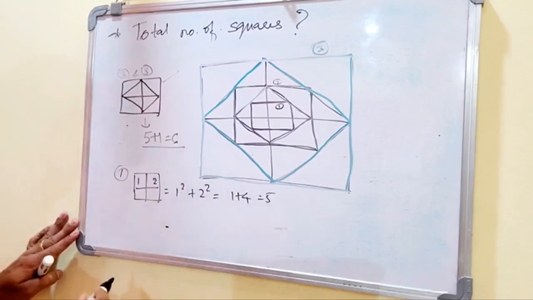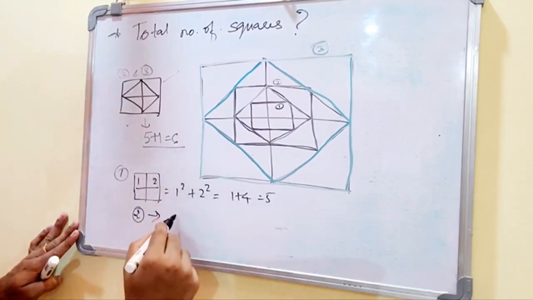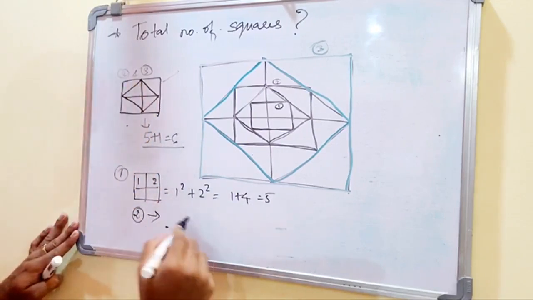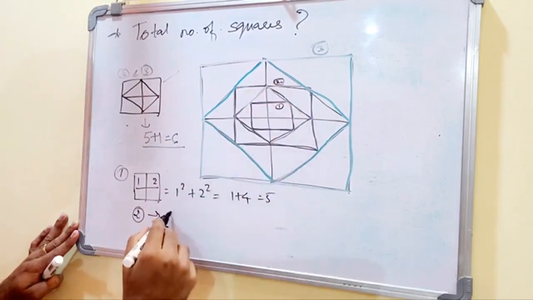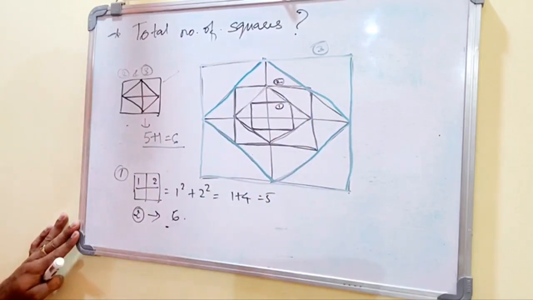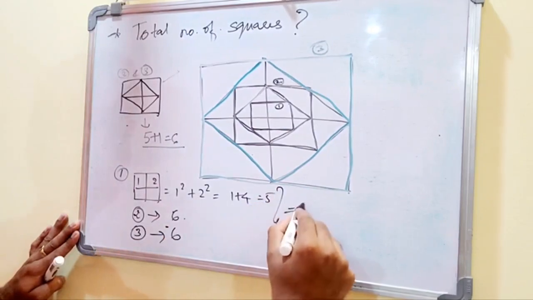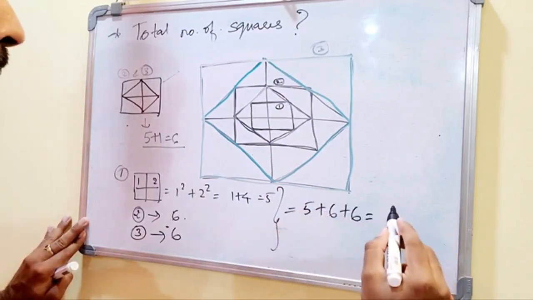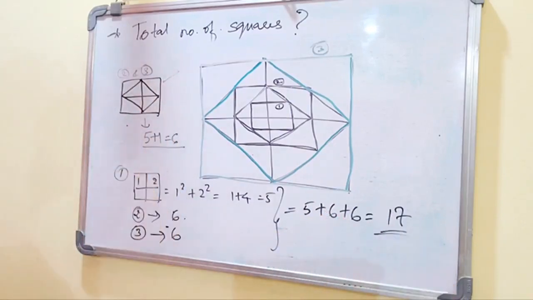Number 2 figure contributes 6 squares, and number 3 figure also contributes 6 squares. So total number of squares is 5 plus 6 plus 6 equals 17. So the total number of squares in the given figure is 17.